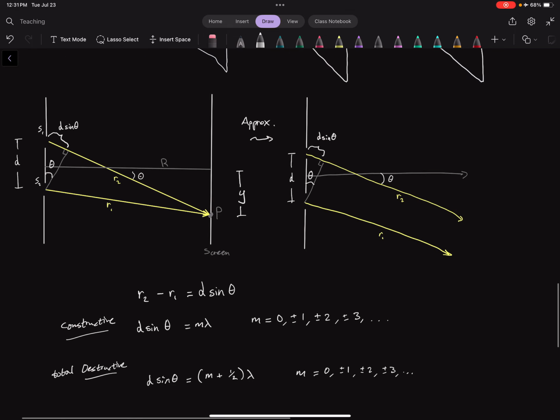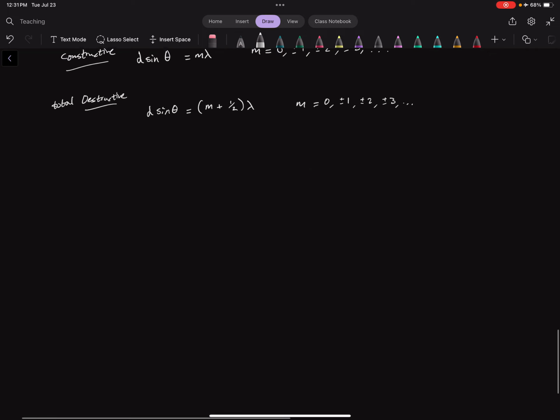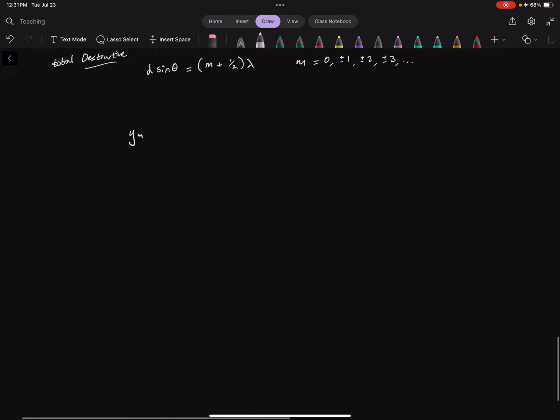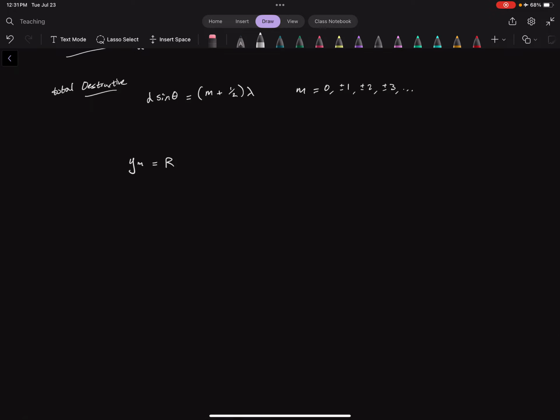And in terms of this value y that I identified here, to find the distance between the fringes, it can be shown, we won't show it, that for small angles at least, the fringe position y as a function of m, because it matters which fringe you're talking about, is given by r, the distance from the slits to the screen, times m wavelength divided by d.